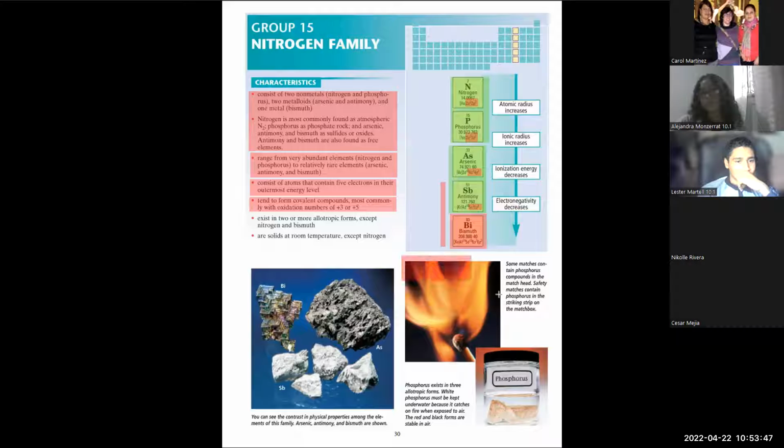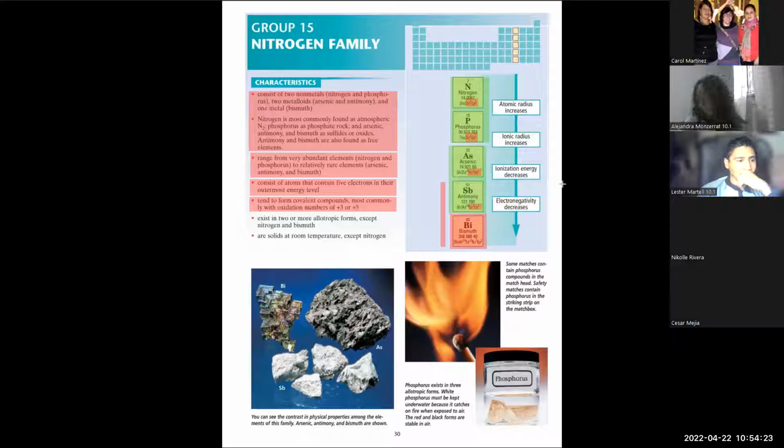Phosphorus is an element that we can find easily in our house. Why? Because matches contain phosphorus. That's why they have that reddish color. The match head is made of phosphorus, and also the strip on the matchbox, where you rub the match.